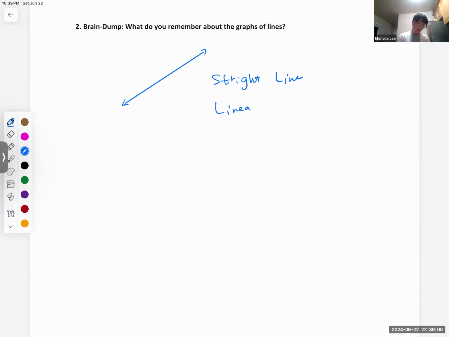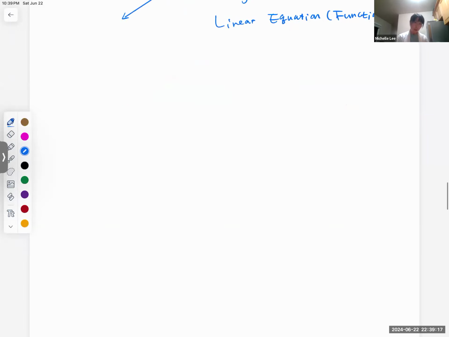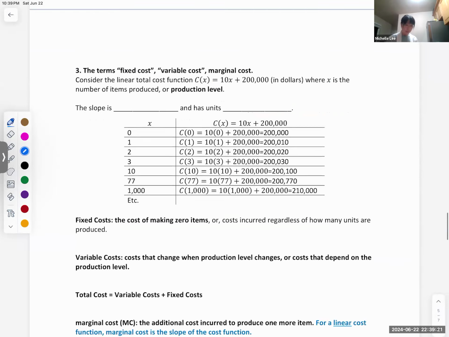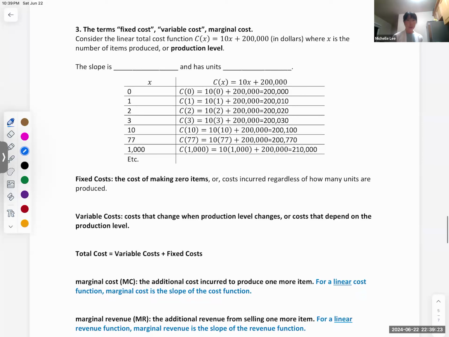Linear equation, or we say a linear function. Okay, so we have the terms fixed cost, variable cost, marginal cost. Okay, so we have a linear function.